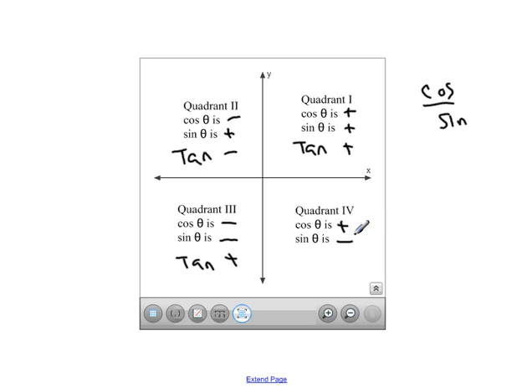And over here you have a positive over a negative, so tan is going to be negative here as well as sine. So just remember, tan is cosine over sine, and that's how we get tan positive here, tan negative here, tan positive here, and tan negative here.